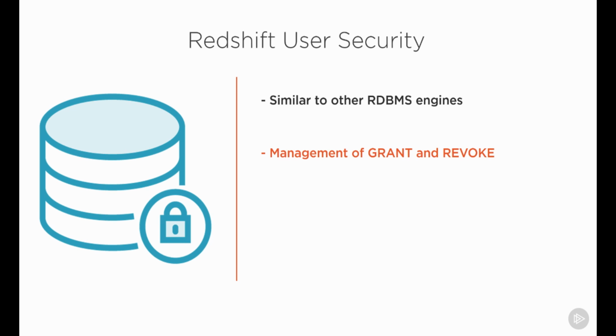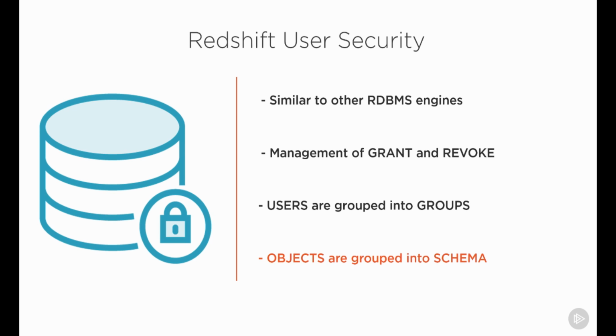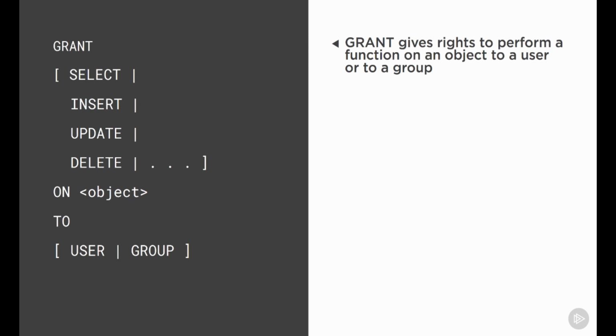Redshift has one type of principal, a user, and then a way to organize users into areas of like privileges, groups. Meanwhile, you have objects such as tables and functions and views, and then a way to organize the objects, namely schema.